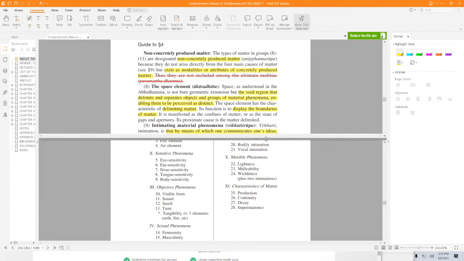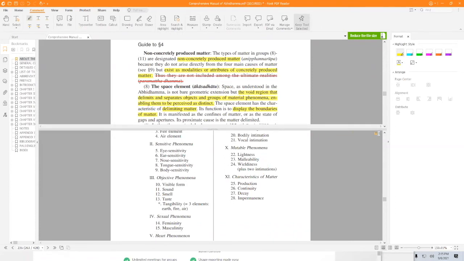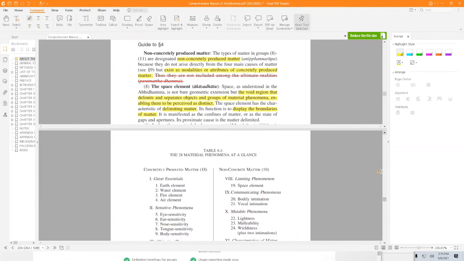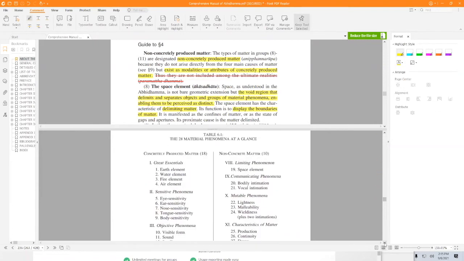Because what Buddhism is concerned with is not really understanding the so-called material world as objectively existent in its own right, but with understanding, let us say, the nature of experience.